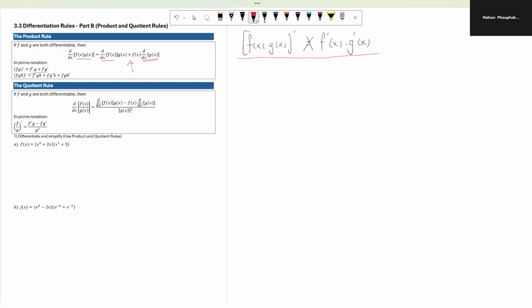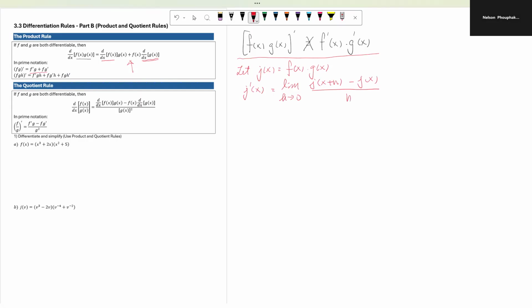First, we let j of x equal f of x times g of x. Then, if I want to find j prime of x, we take the limit as h goes to 0 of j of x plus h minus j of x, over h.